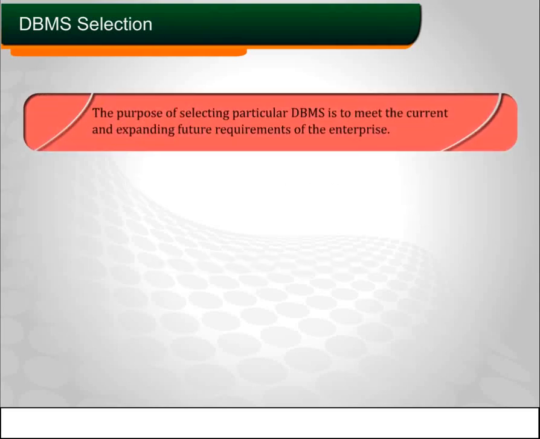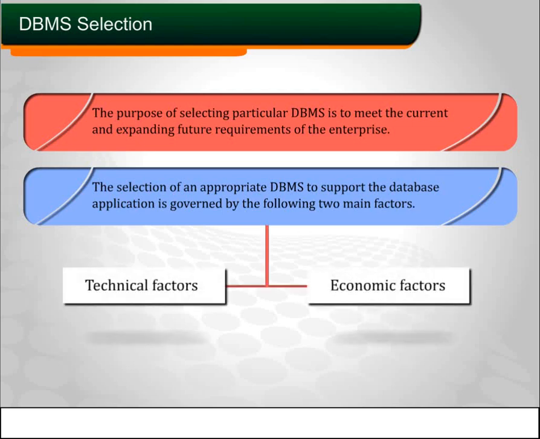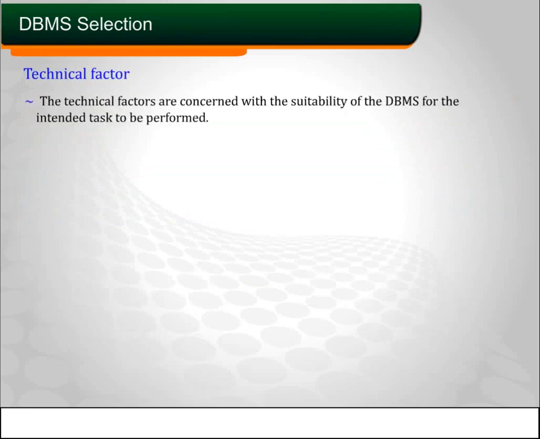DBMS selection. The purpose of selecting a particular DBMS is to meet the current and expanding future requirements of the enterprise. The selection of an appropriate DBMS to support the database application is governed by the following two main factors: technical factors and economic factors. Technical factors. The technical factors are concerned with the suitability of the DBMS for the intended task to be performed.